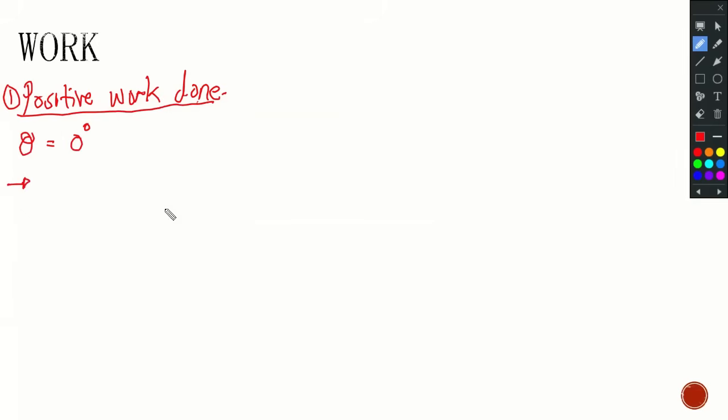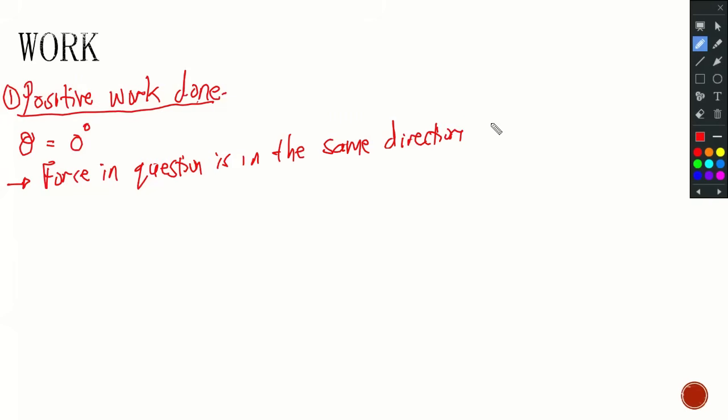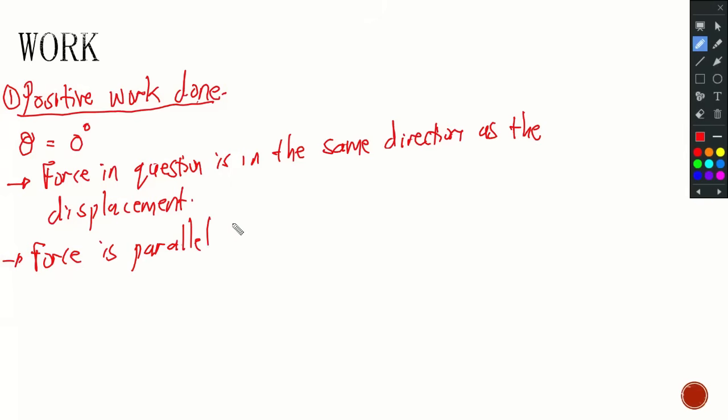Now, theta being 0 degrees means that the force in question is in the same direction as the displacement. Right. So basically that's what it means. So the force is parallel to the displacement.